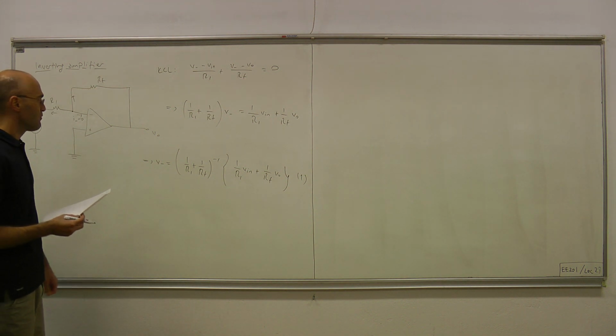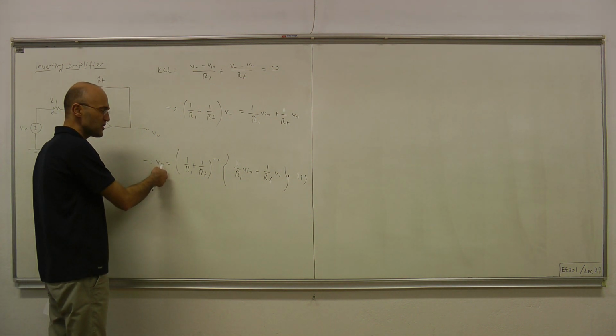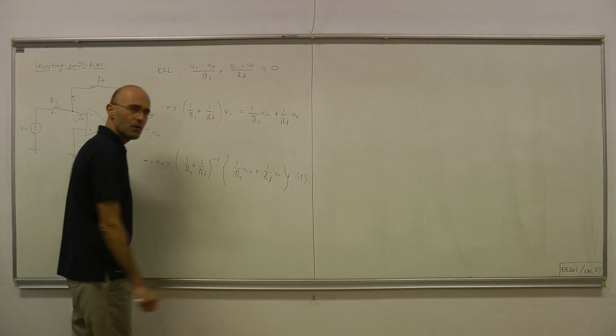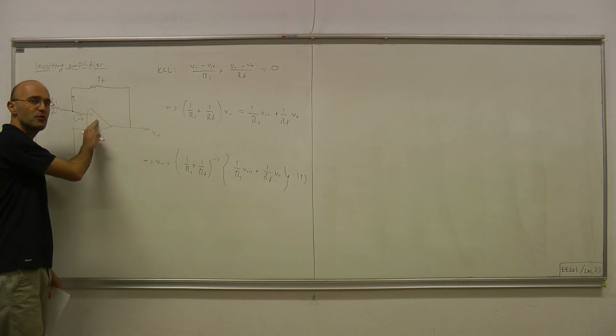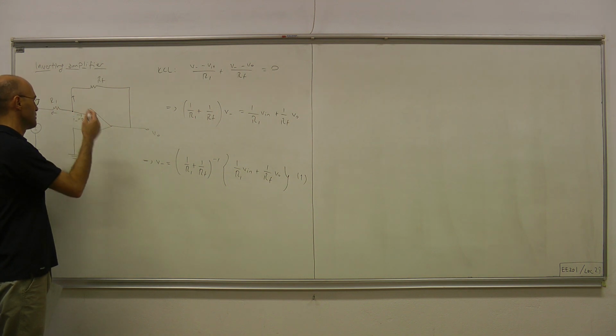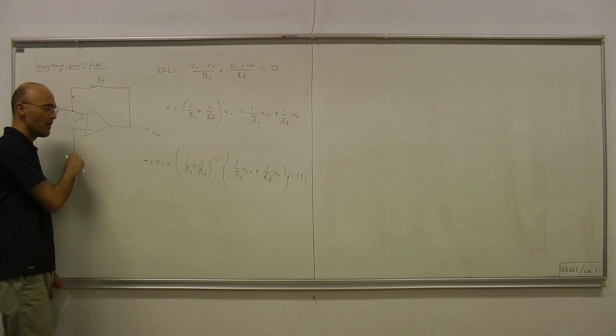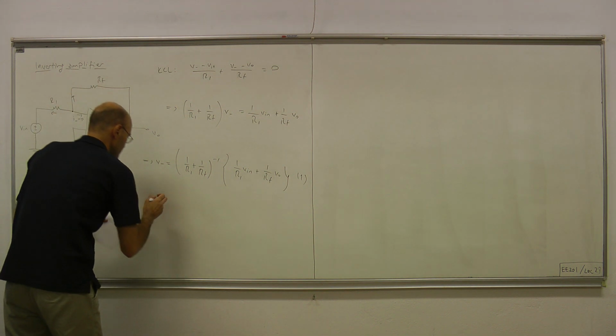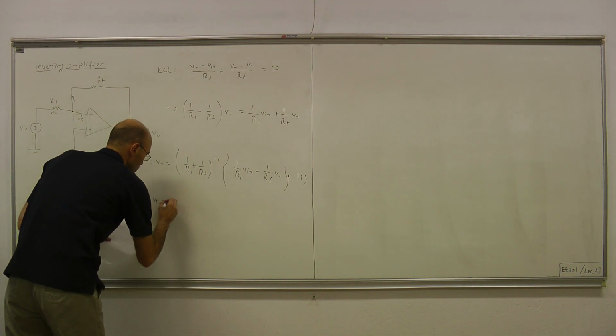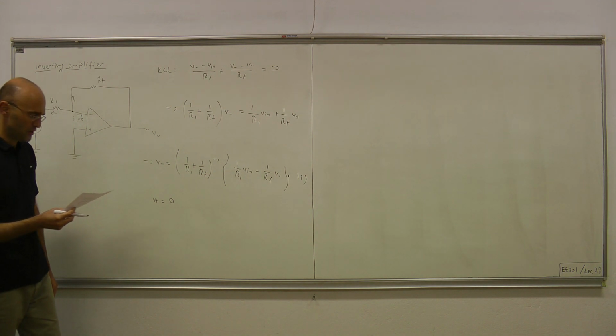Now we're going to do the same thing for V plus, that is express V plus in terms of V in and V out, but for this topology that is trivial because the V plus node is directly connected to ground, therefore V plus equals 0 at all regions.